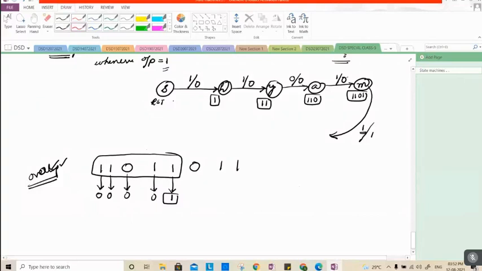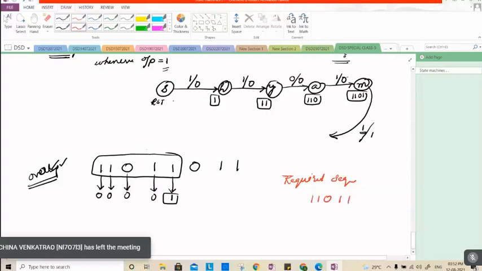See, my required sequence is 11011. This is my required sequence.